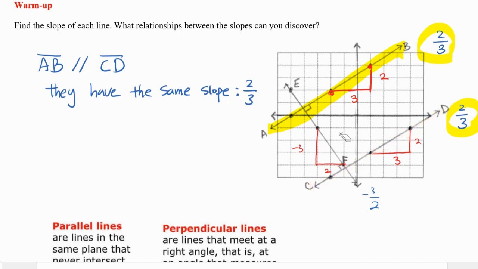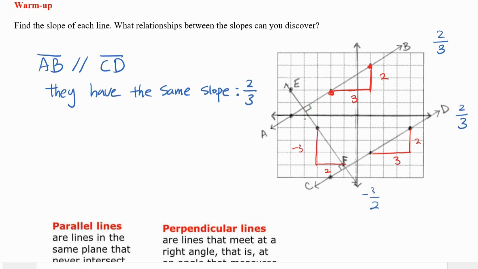All right, everyone. What about AB and EF? Do you guys see any relationships? If you look at those 2 lines, they are making a right angle.